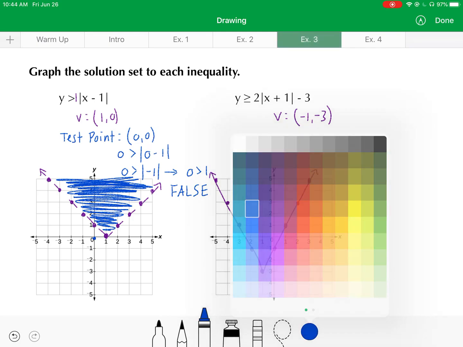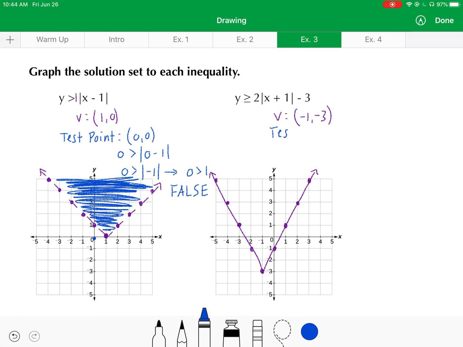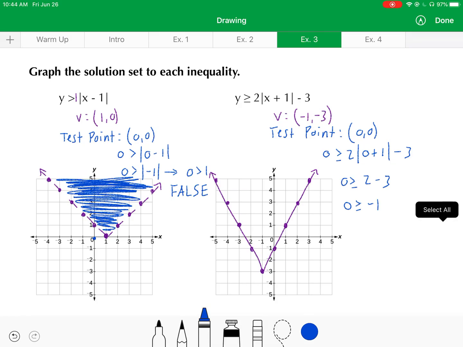Okay. Test point of the origin again. So 0 is greater than or equal to 2 times the absolute value of 0 plus 1, subtracted by 3, or 0 is greater than or equal to 2 minus 3. 0 is greater than or equal to -1.